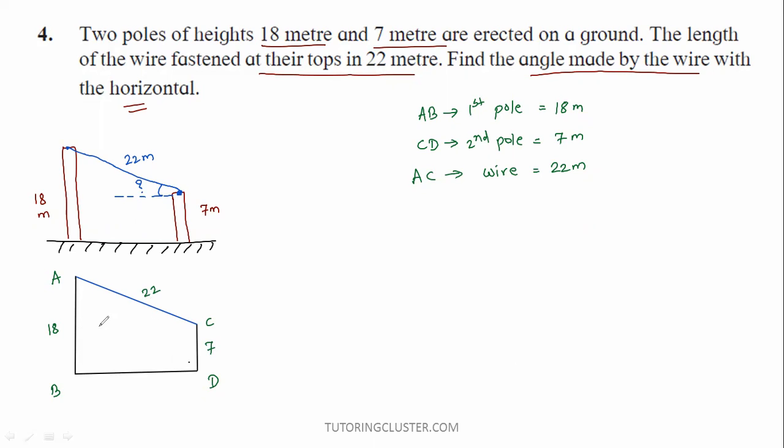Draw one perpendicular line from C onto AB. You can name this point as E. Draw CE perpendicular on AB. We have to find out the measure of angle ACE, which is unknown to you.